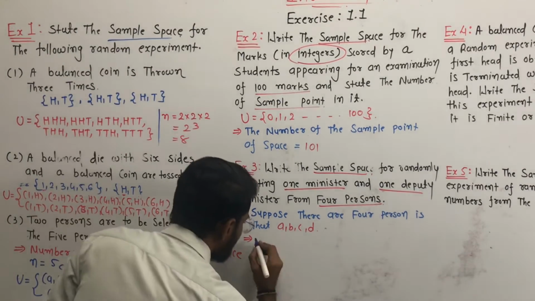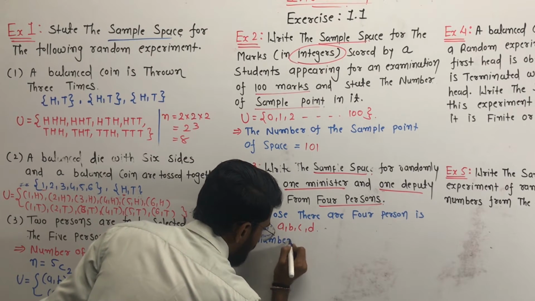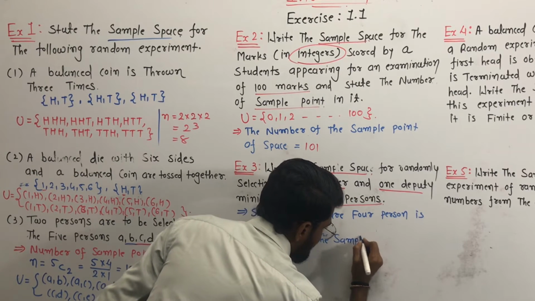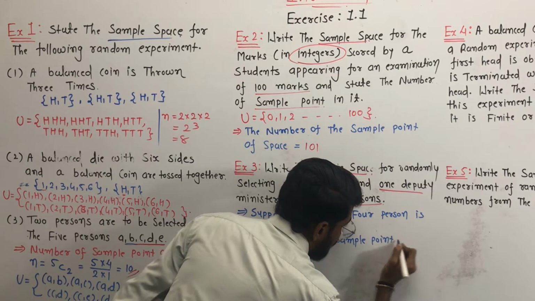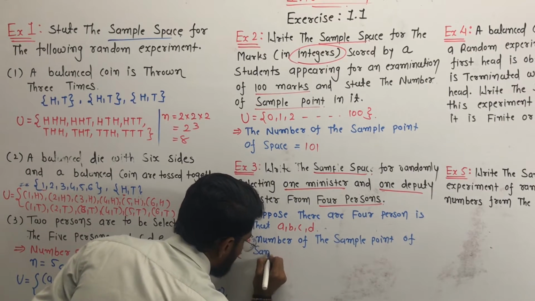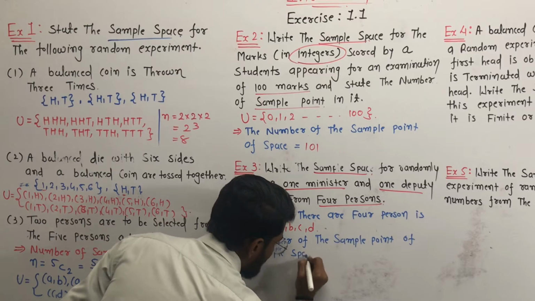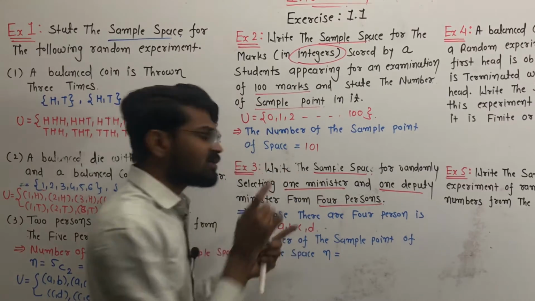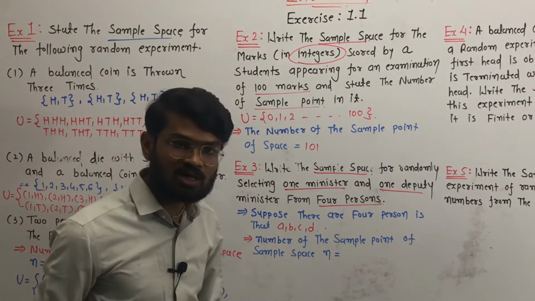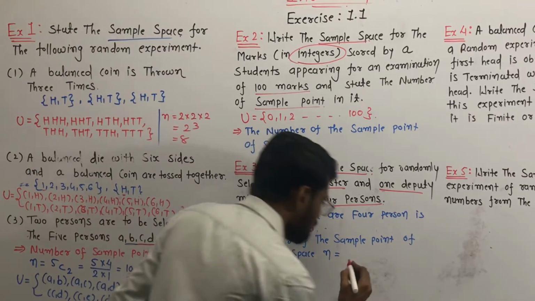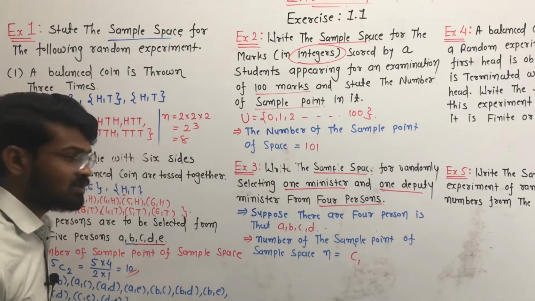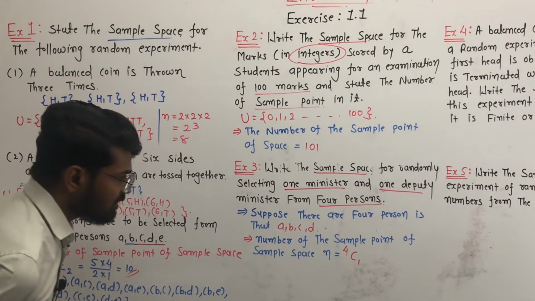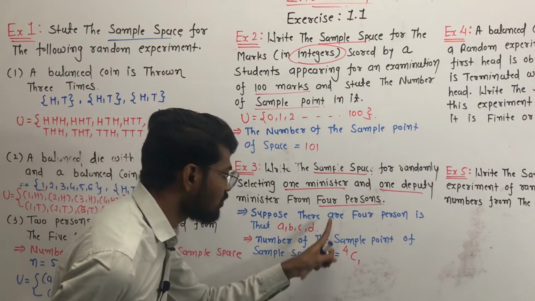The number of sample points of the sample space is denoted by n. First of all, we select one minister out of 4 persons.